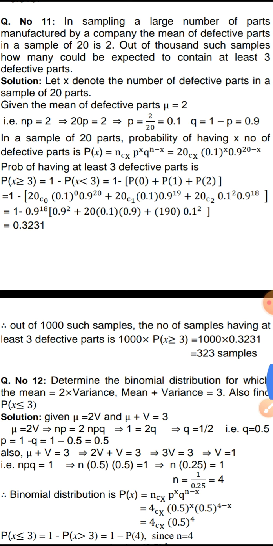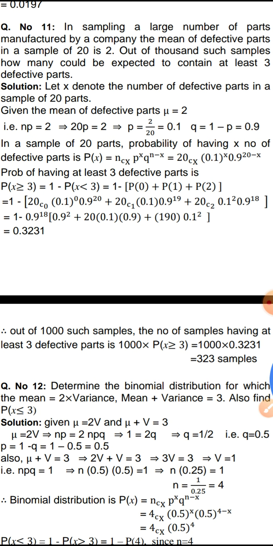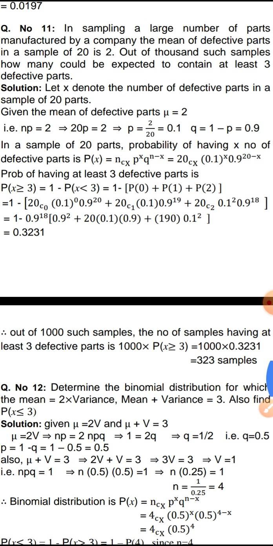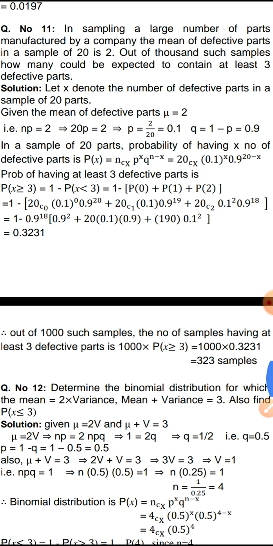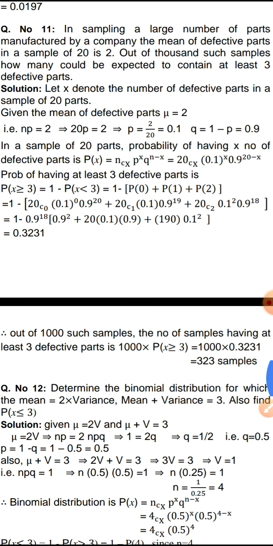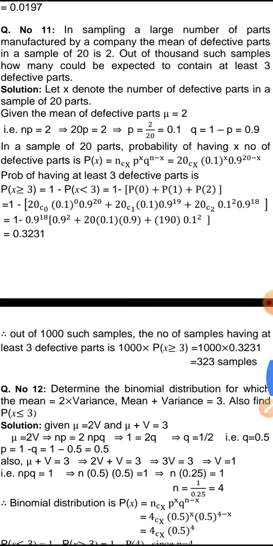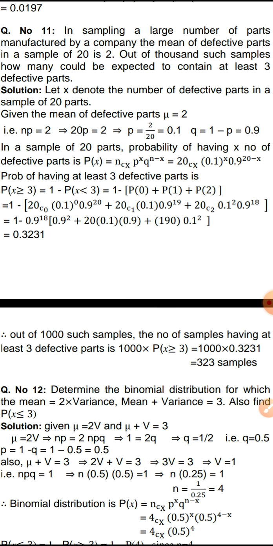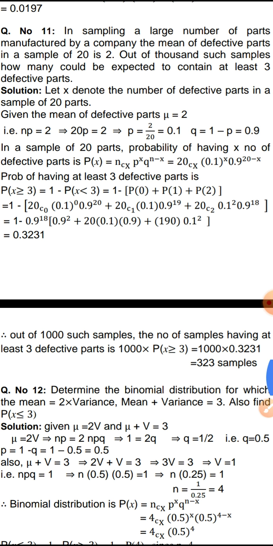Then the next question. In sampling a large number of parts manufactured by a company, the mean of defective parts in a sample of 20 is 2. Each sample has 20 parts in it, and the mean of the defective parts is 2.